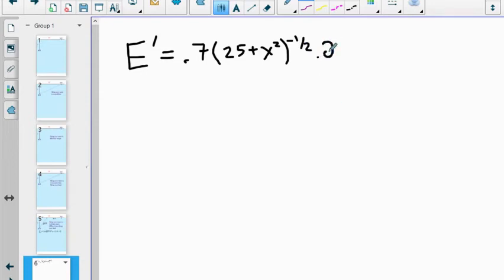The derivative of 25 plus x squared is 2x. And then plus the derivative of 13 minus x, which is just negative 1.